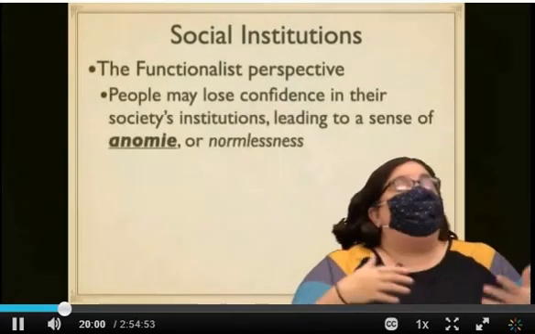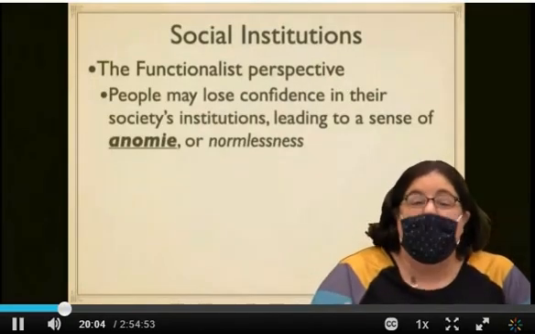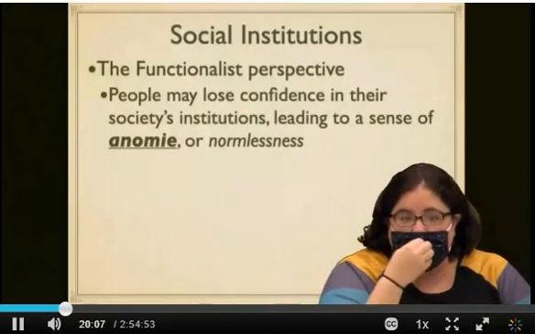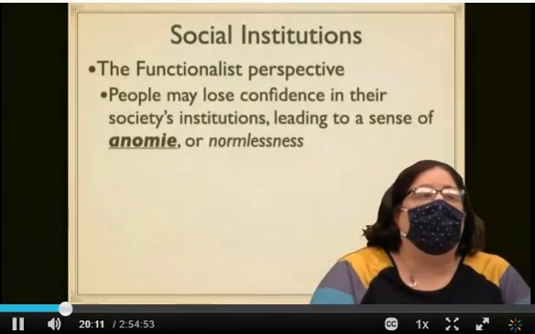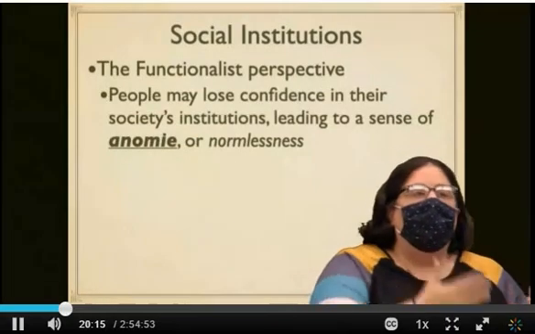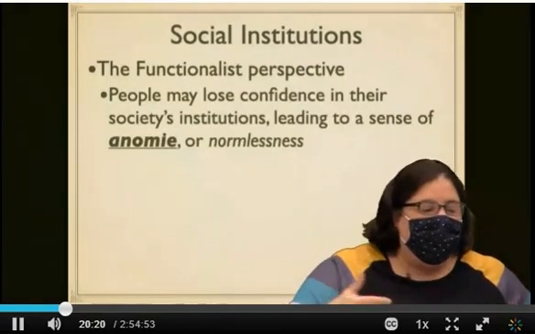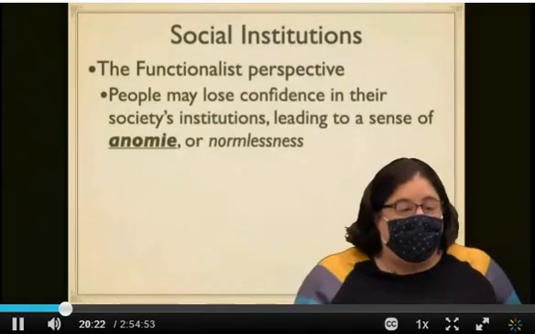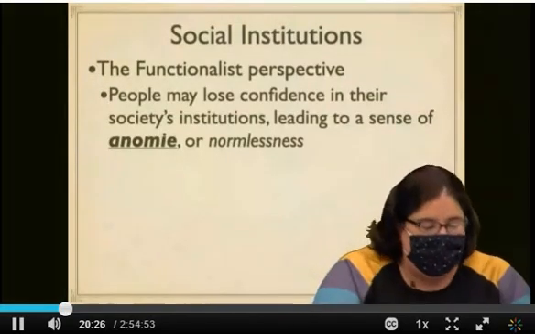So what ends up happening when social institutions start to fail is that people lose confidence in those institutions, right? And this can lead to a feeling that the French call anomie. It's basically a feeling of normlessness, like you don't know what the norms for living are anymore, and you don't know how to be a person in the world.